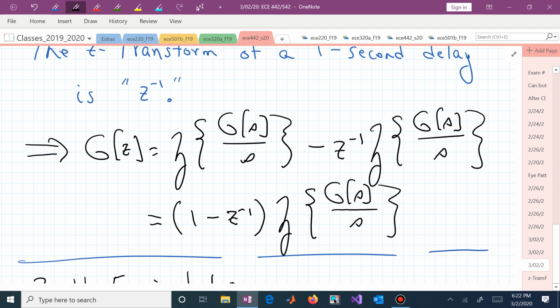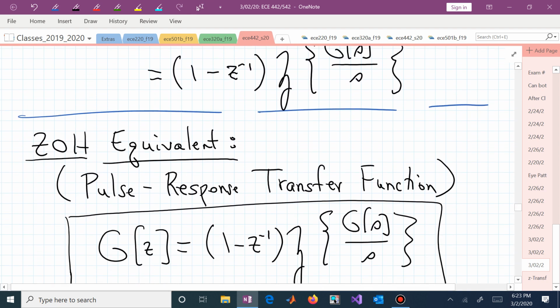And now I have a zero order hold equivalent of the original system G of S. And G of S over S, just put one more pole in that G of S transfer function and you have it. And that pole is right at the origin. Here is our zero order hold equivalent.